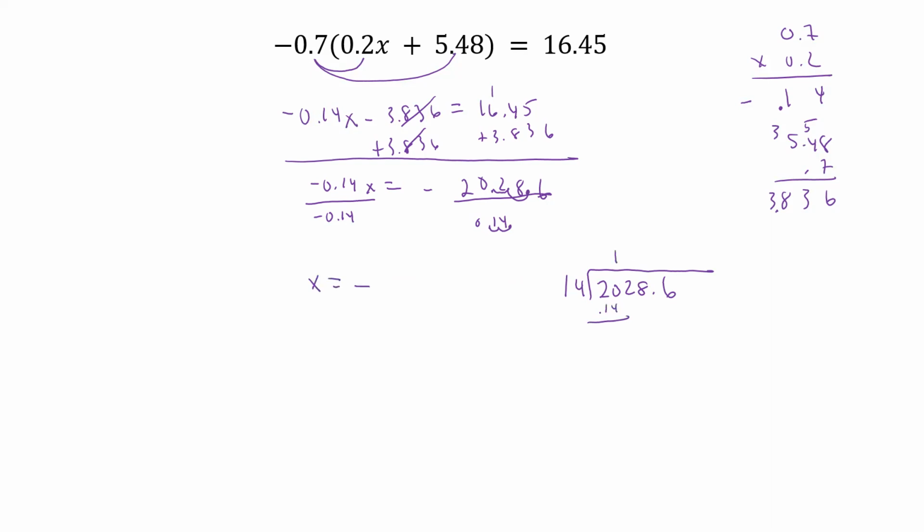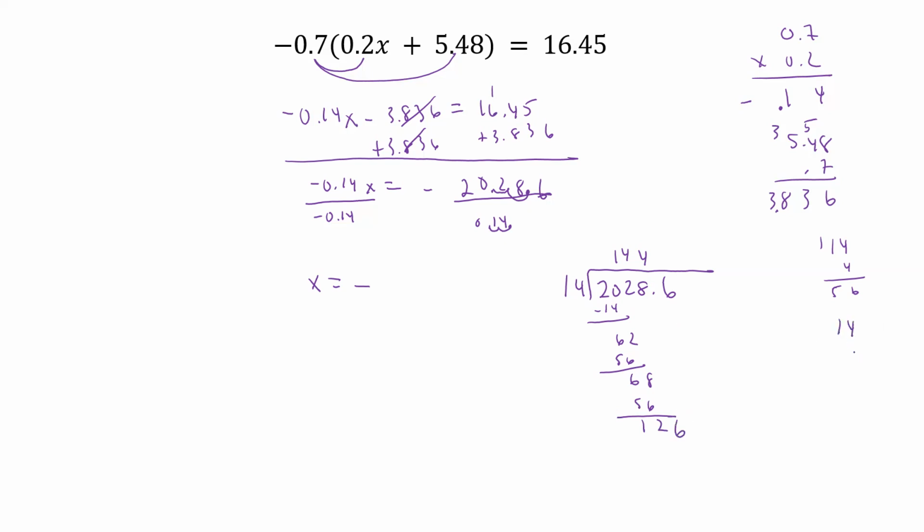Okay, so now when I do that, 14 goes into 21. That's 14. Subtract, that's going to be 6. Bring down the 2. 14 goes into 62, maybe 4 times. That's 56. So that's a 4, and subtract, that's a 6. Bring down the 8. That goes in another 4. That's 56, and subtract, that's a 12. Now I bring down the 6.